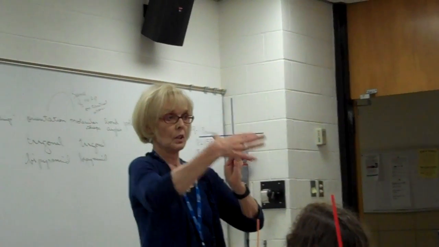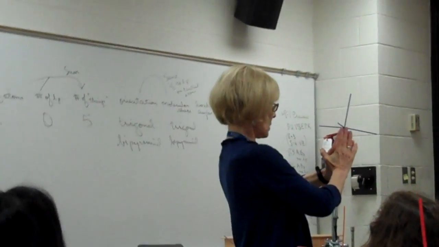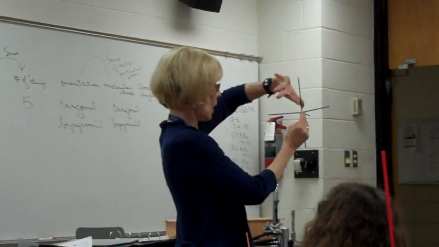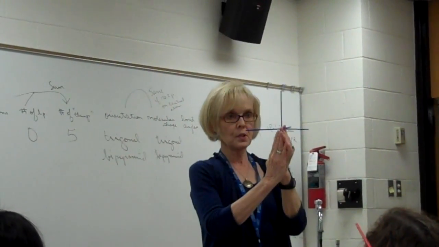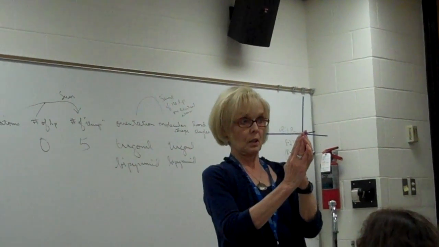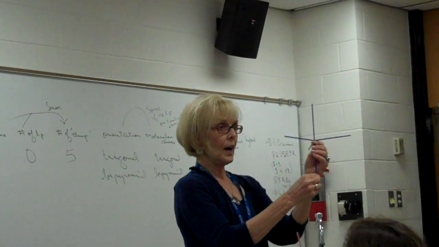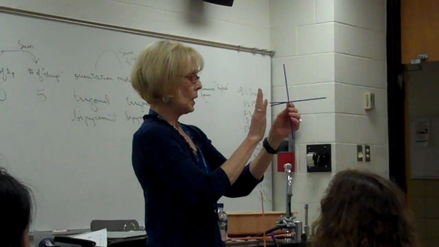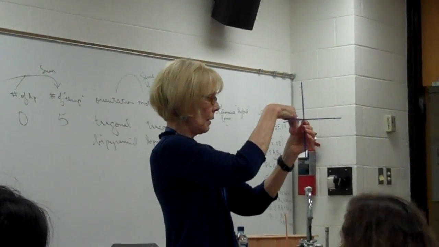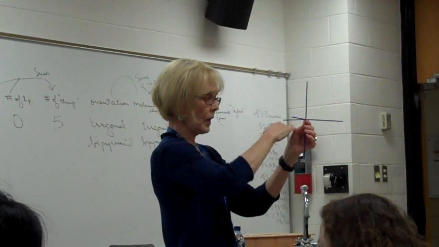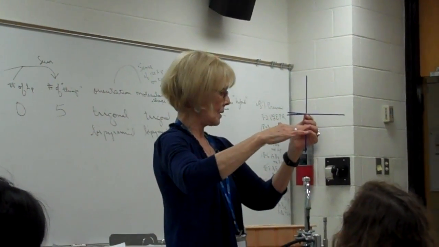Here's the point. There's a pyramid. Now, I'm going to turn it over. There's a second pyramid. So what have we got? One pyramid pointing up, and a pyramid pointing down, and they're sharing the same base.